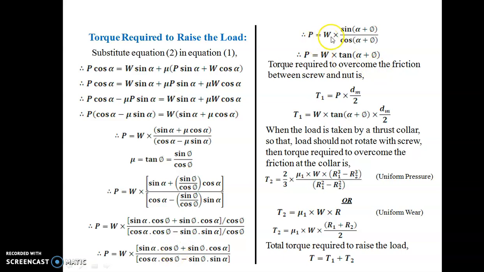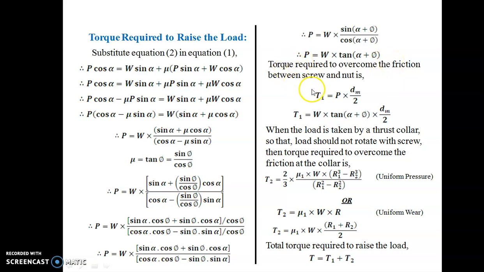So P is equal to W into sin (alpha plus phi) divided by cos (alpha plus phi). So P is equal to W into tan (alpha plus phi). So the effort required to raise the load is W tan (alpha plus phi).